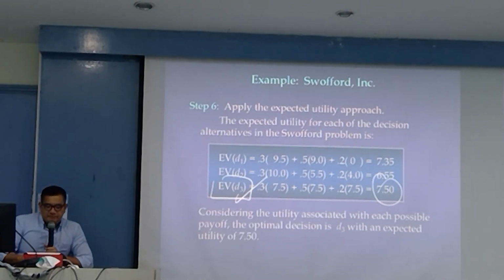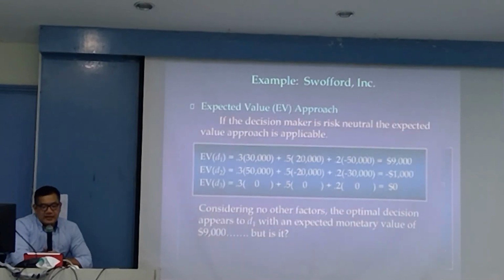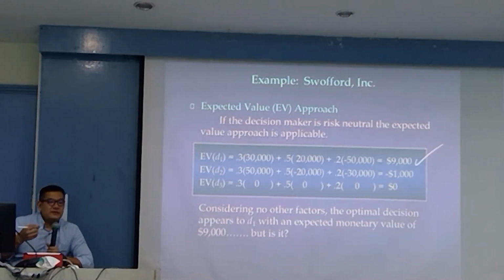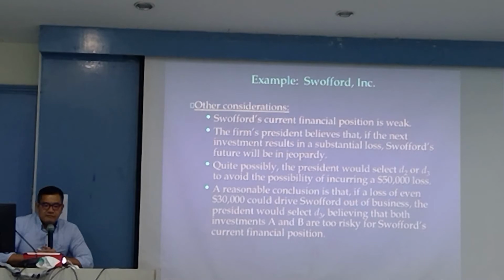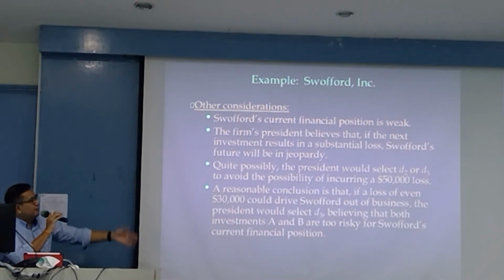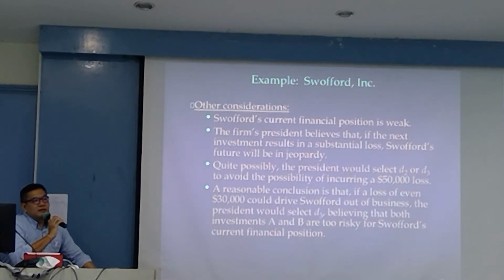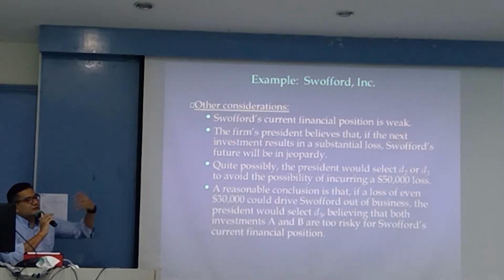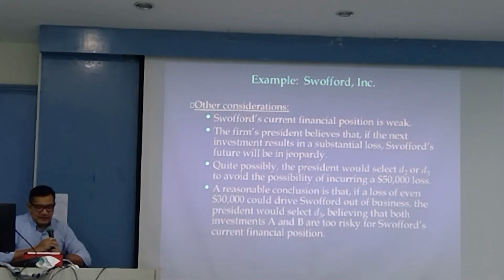So it's different, because if you calculate the expected value using the monetary value, you can select the first one. But when you use the utility value, you select the third one. Okay? And where does the third one come from? It comes from you feeling that, based on some considerations listed here, it's not good for you to select the first alternative. So you adjust by using your utility function, and then you have that result.